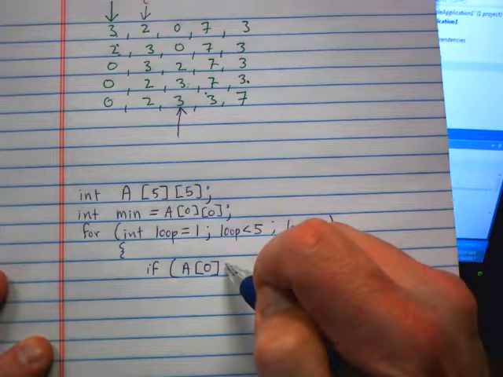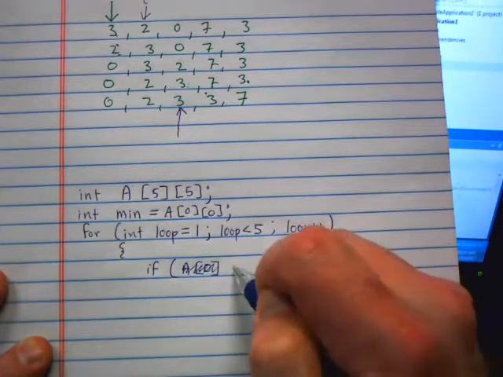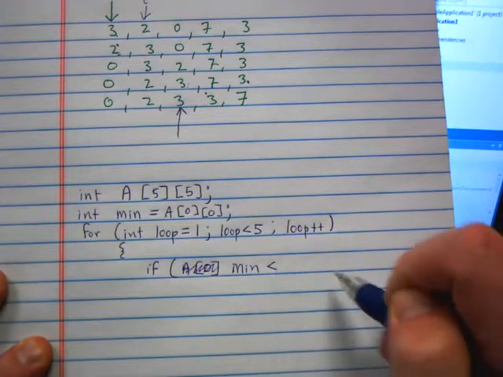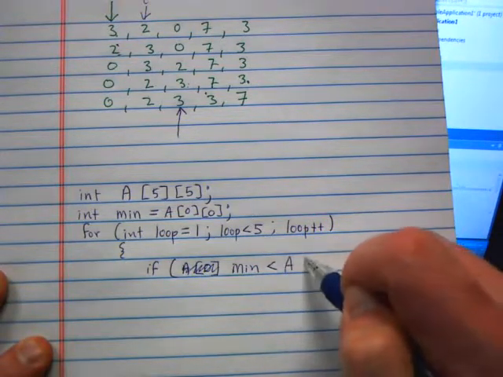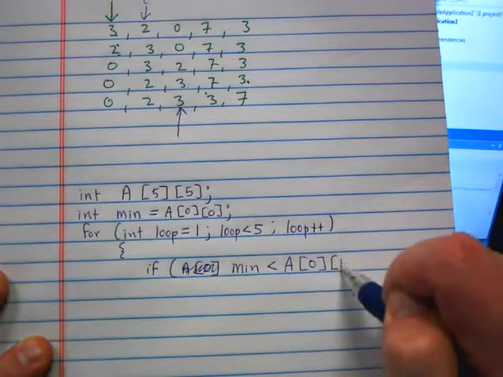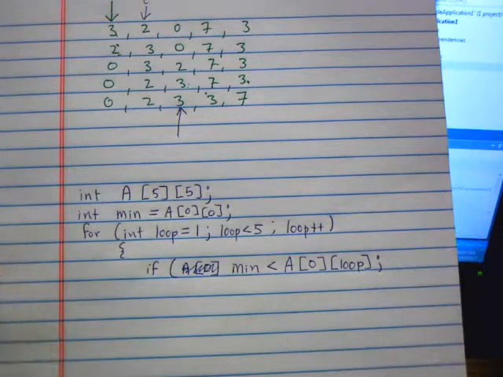If min A at 0, loop. Because we said we're always going to stick in the first column.